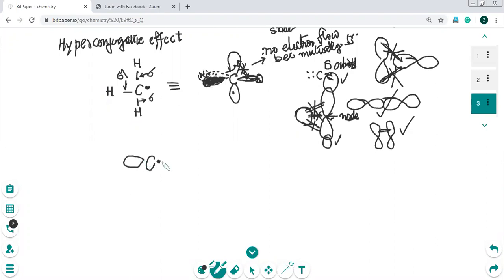This is another. This is in the plane of the board with one H. This is in the plane of the board with the next carbon, CH3.